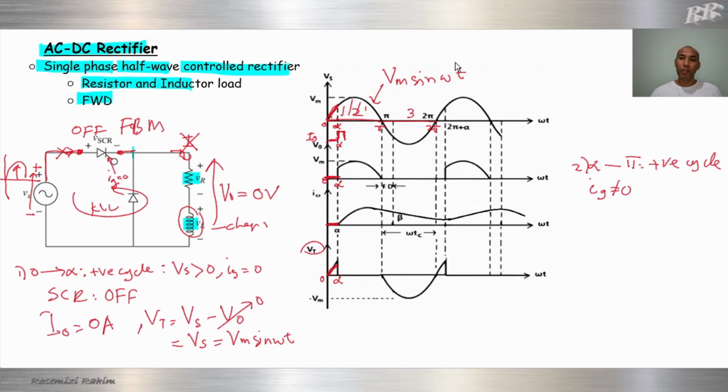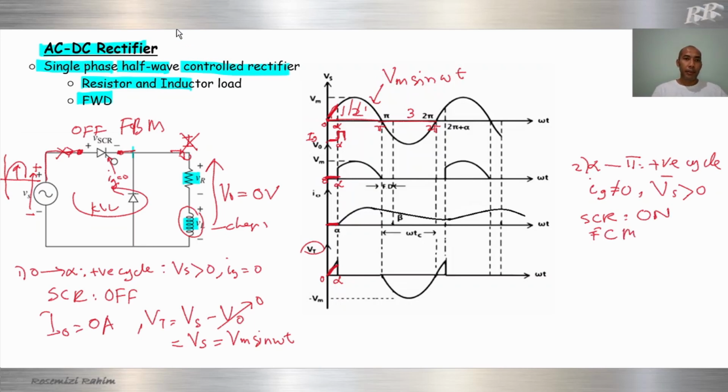That means we inject gate current to the gate terminal. And also at this time, the positive cycle means that Vs is greater than 0. So our SCR will be on, in forward conducting mode.